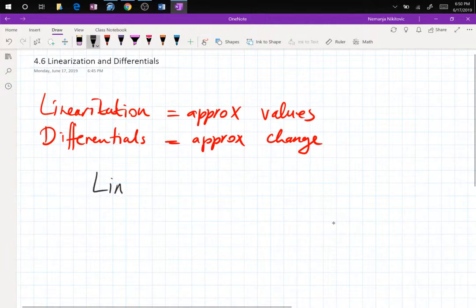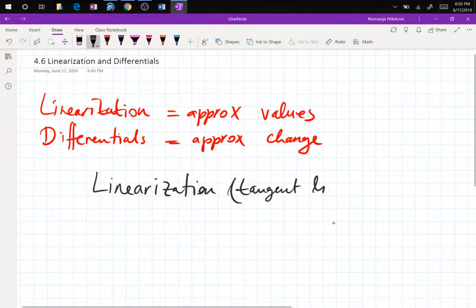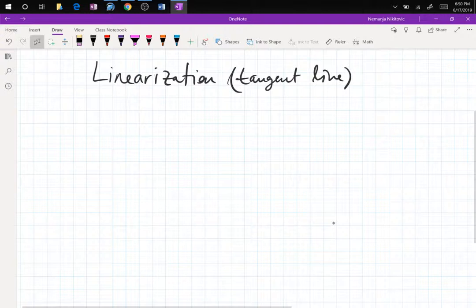So linearization first, and I'll put in parentheses, tangent line. How does this relate to the tangent line? In today's day and age, this is mostly useless to all of you, because you have calculators, computers, access to technology that can compute quickly.